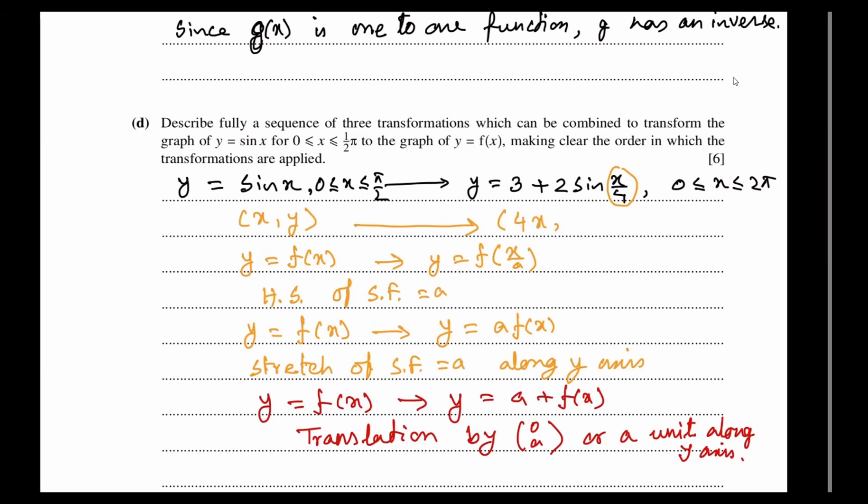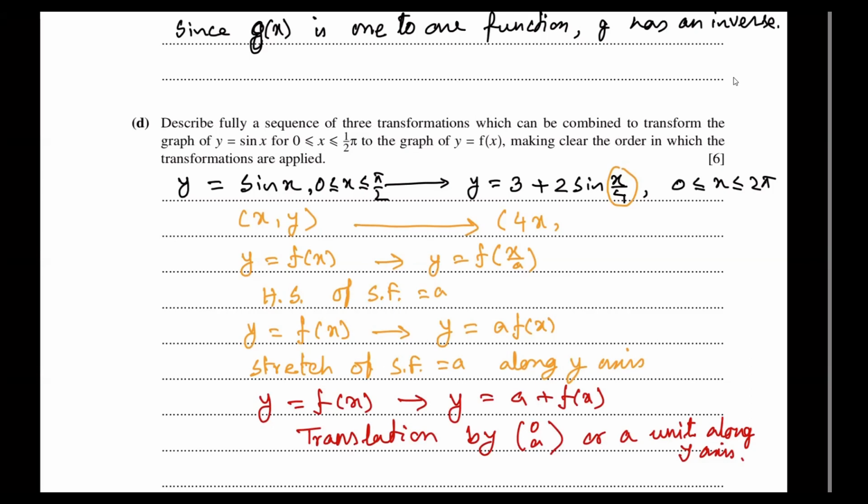that is addition. So if there are two transformations on y, which one comes first? On y, multiplication comes first, translation, that is addition, comes second. But this is opposite in the case of x. In x, translation comes first, then the stretch.